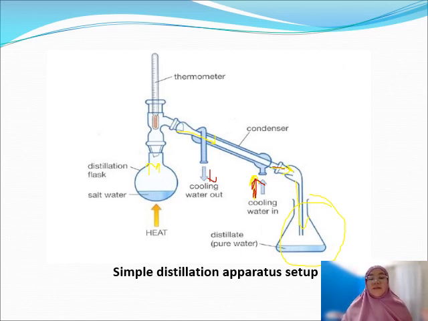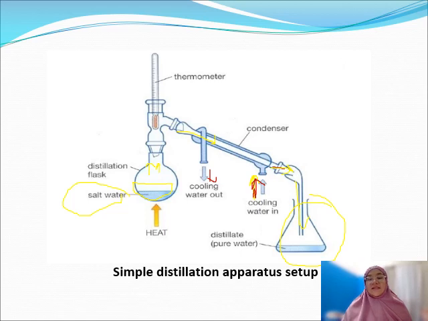As an example, we use a mixture of salt water. Salt and water: water is more volatile compared to salt. So water will be vaporized first, and then the water will be collected as a distillate at the collection flask, and only the salt will be left in the distillation flask.